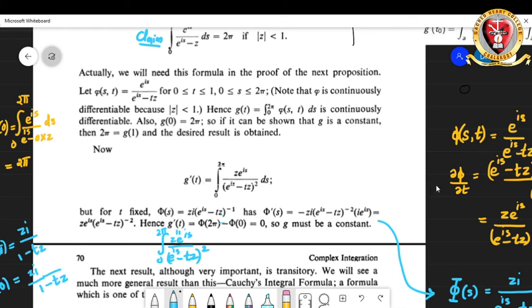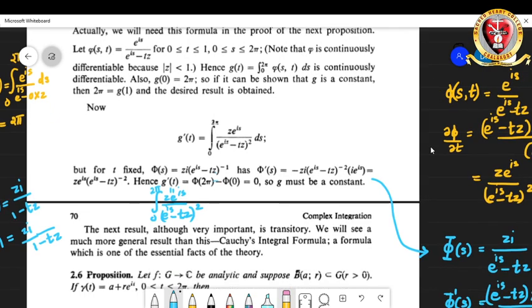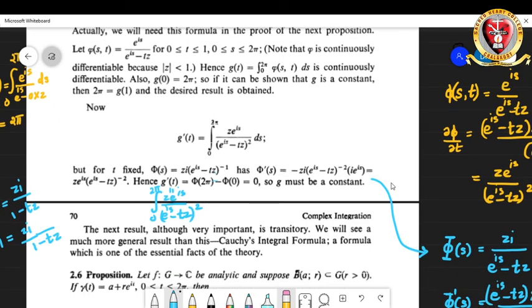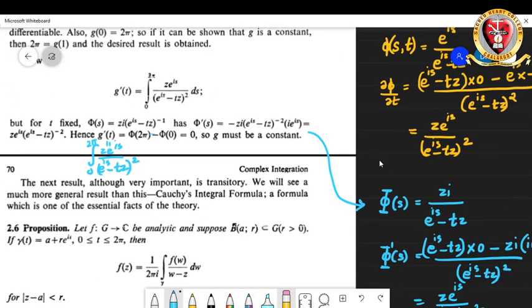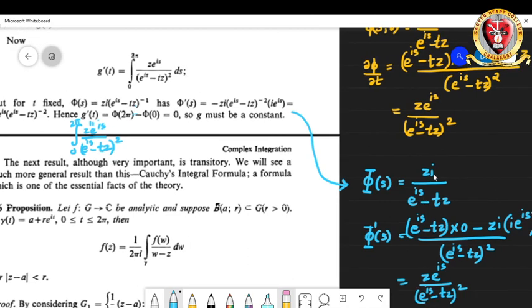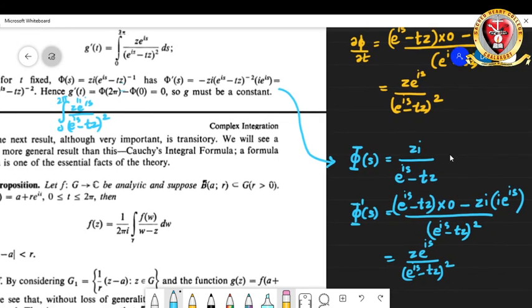Now for t fixed, take capital Φ(s) to be zi divided by (e^(is) − tz). Take the function, then again take the derivative of the function with respect to s. Use the quotient rule and you get this.